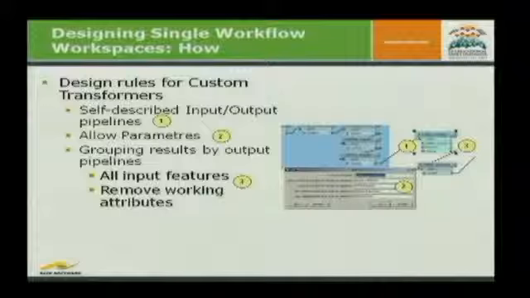We also group the output by names, with different outputs. And we want to make sure that all the features that go into the custom transformer will go out. If they're unprocessed, there is a pipeline that says unprocessed features, to make sure that at the end, when we do something else with the data, we know we have all the data at the output. And also to clean all the working attributes that were used in the custom transformer.